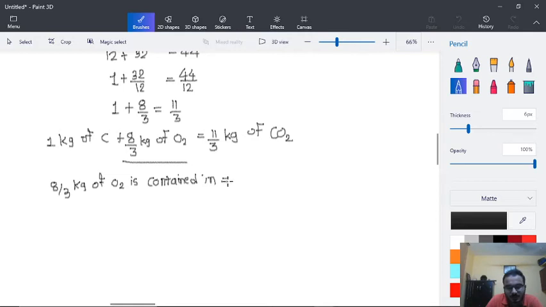It will be 8 by 3 divided by 0.232, and this will provide us 11.5 kg of air.